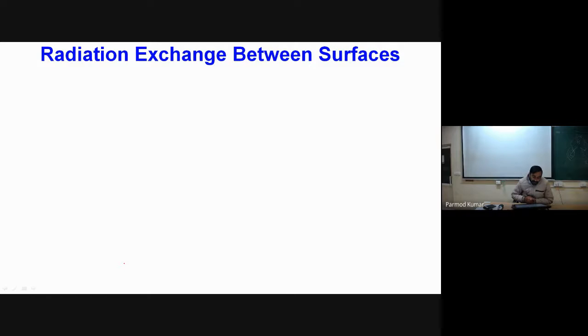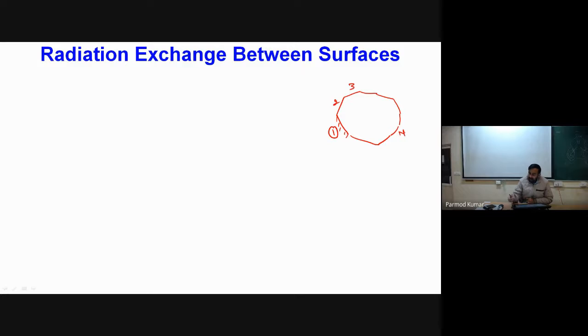Now, let me discuss the radiation exchange between surfaces. Okay, so for example, say if I have some enclosure, so till now we were only concentrating on this single surface of the enclosure. Now we will be seeing how different faces of enclosure interact with each other. Okay, for example, this is one, two, say like that.